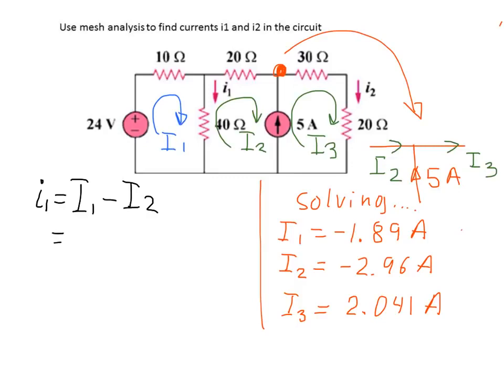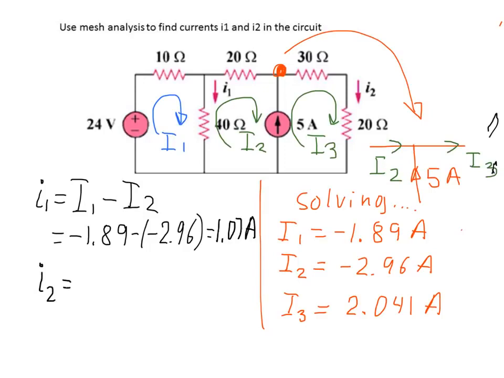Which means that it will be negative 1.89 minus mesh current I2, so minus negative 2.96, and the answer for that is 1.07 amps.